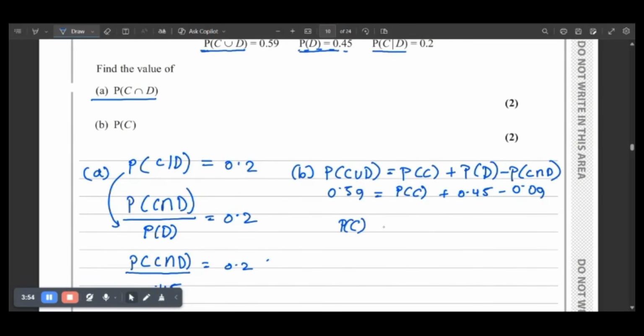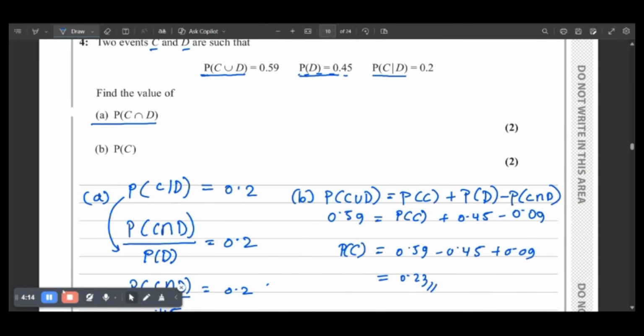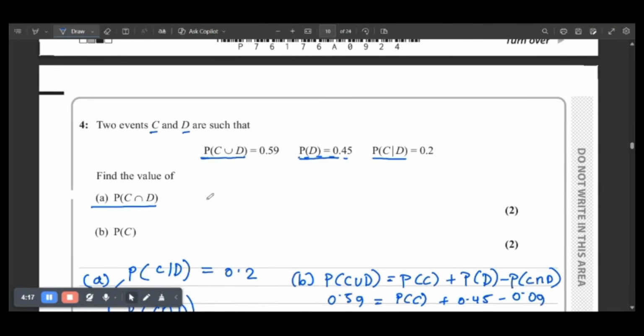We will make the probability of C the subject. This will give us 0.23, which is the answer of this question. So this concludes our question number 4.